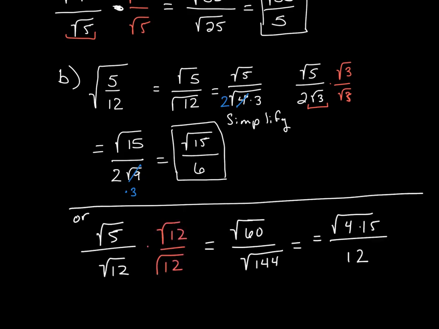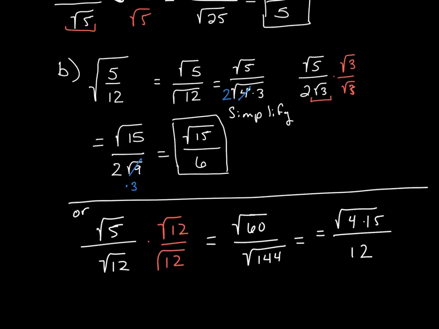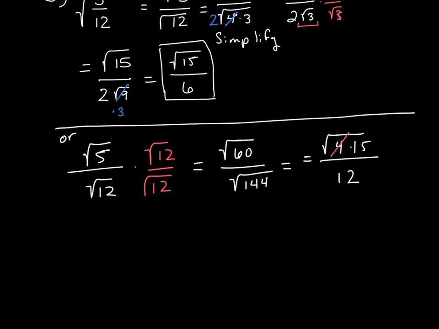So I just went ahead and multiplied the top and bottom by square root of 12. And now I need to go ahead and simplify that. And the square root of 4 is 2, which gives me 2 square root of 15 all over 12.